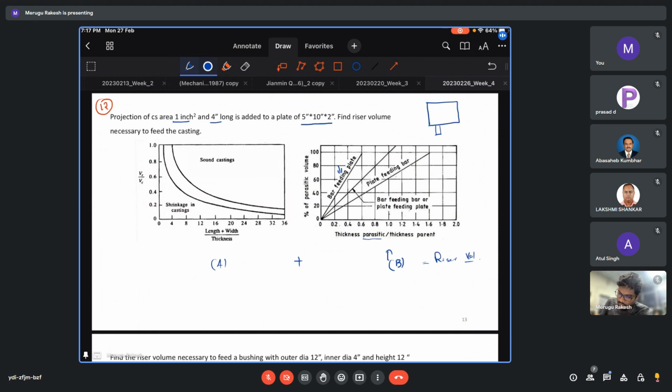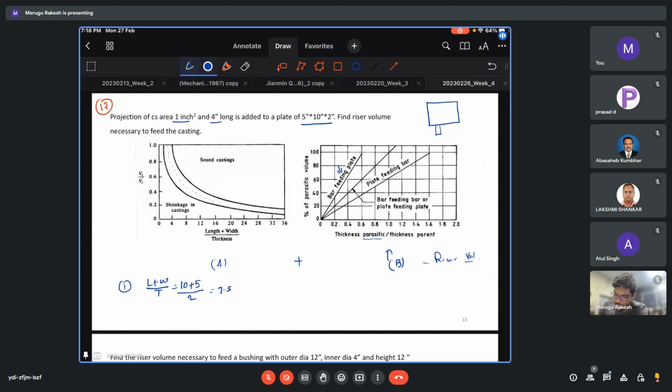So in the first case, (L plus W) by T is equal to: the highest dimension we can take is 10, width is 5, divided by thickness 2, that is 15 by 2, that is 7.5. Since we are having two curves, we have to take the value at the intermediate curve.